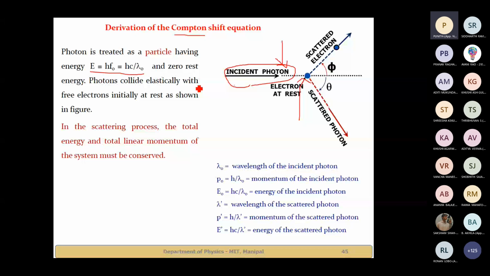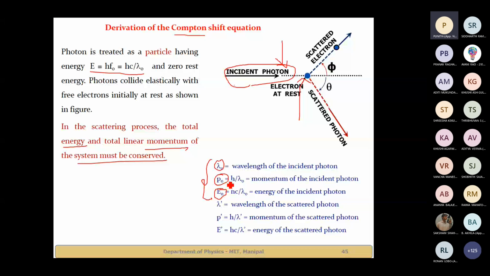In this case the momentum and energy of the system are conserved. Let lambda naught, P naught and E naught be the wavelength, momentum and energy of the incident photon, and let lambda dash, P dash and E dash be the wavelength, momentum and energy of the scattered photon.